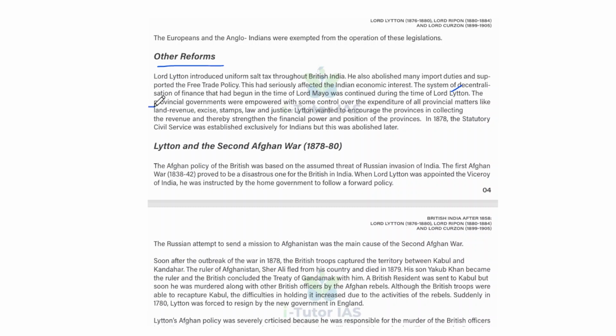The provincial governments were empowered with some control over the expenditure of all provincial matters like land revenue, excise, stamp, law, and justice. Lytton wanted to encourage the provinces in collecting the revenue and thereby strengthen the financial power and position of the provinces. In 1878, the statutory civil service was established exclusively for Indians, but this was abolished later.